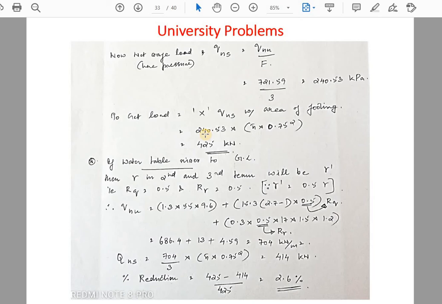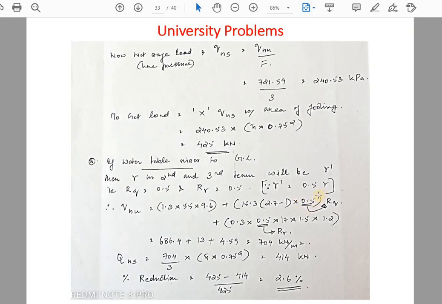And the second case, what if the water table is rising to the ground level? Now here both the unit weights in the second as well as the third term will be gamma dash. That means we have to apply a reduction factor of 0.5 to both the second as well as the third term. So that I have done here.